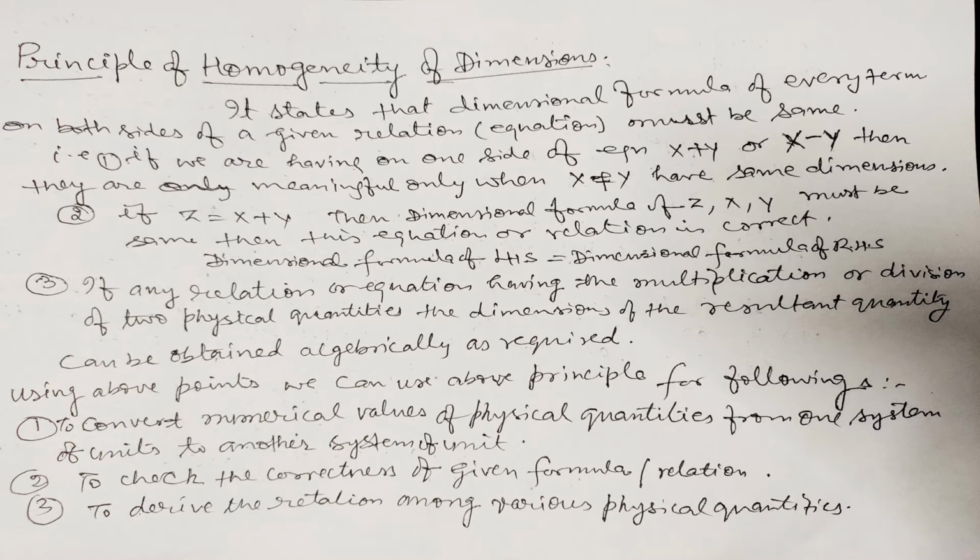If we want to understand this fact with some points, we can write it as follows. Number one, if we have x plus y or x minus y on one side of the equation, then it is only meaningful when x and y have the same dimensions.